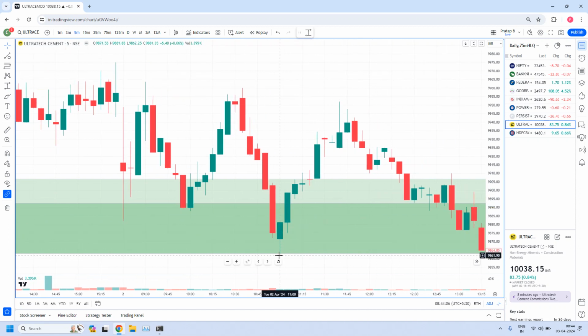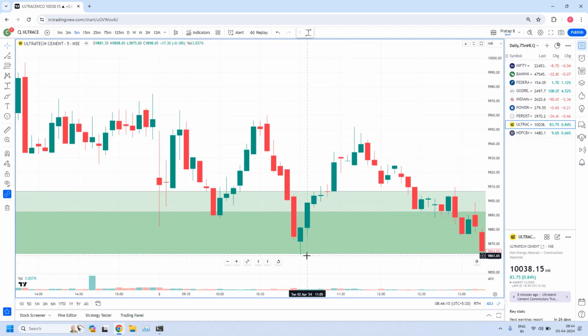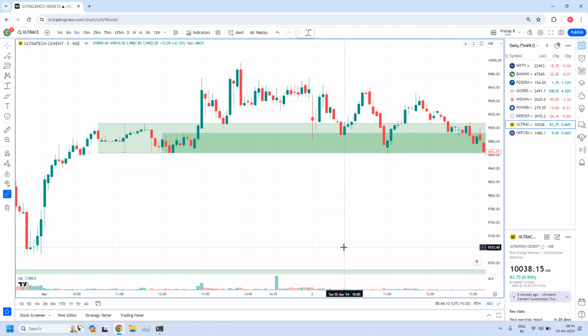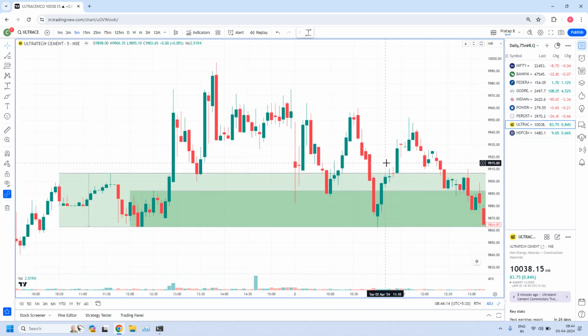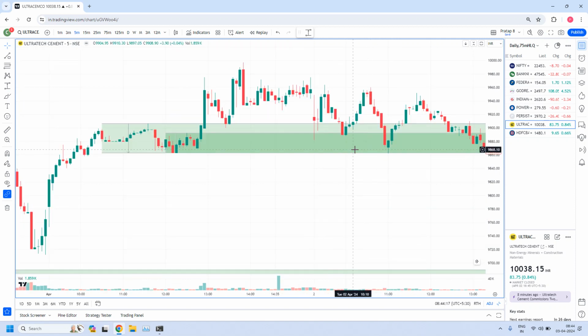See here it is pierced. Just pierced, and again maybe just below the zone there could be a strong order flow. Institutions might have kept a trap below this. That could be the reason. For that, is there anything available?